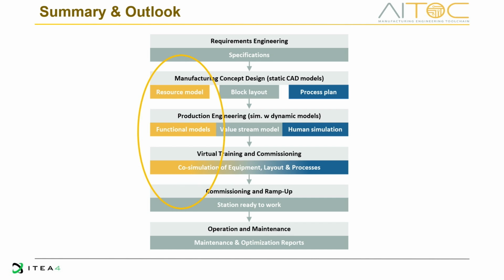This is what we want to bring in this research project. So we talk about the whole life cycle of a plant, where we find out where it's useful to use AI to support the engineers and all the planners.